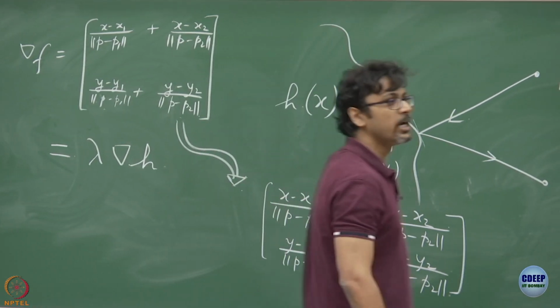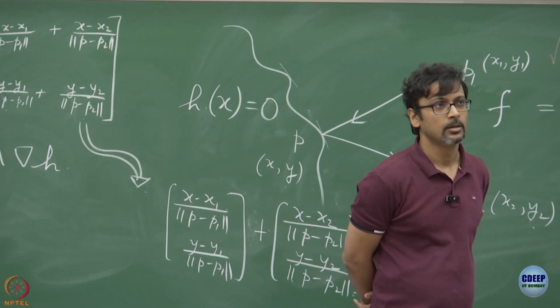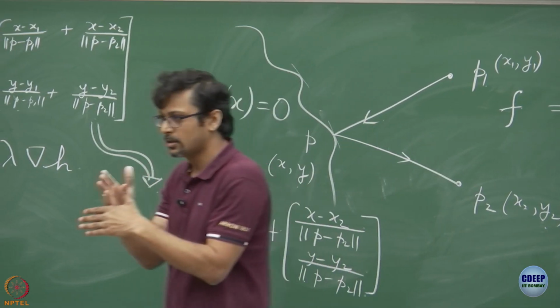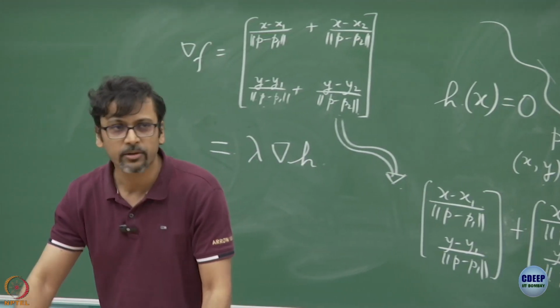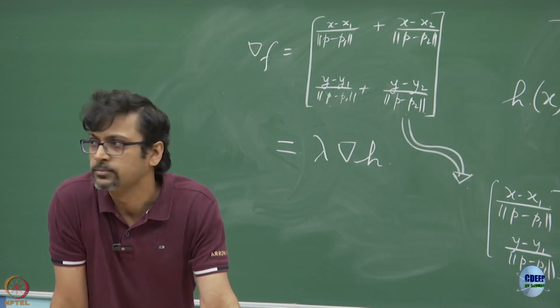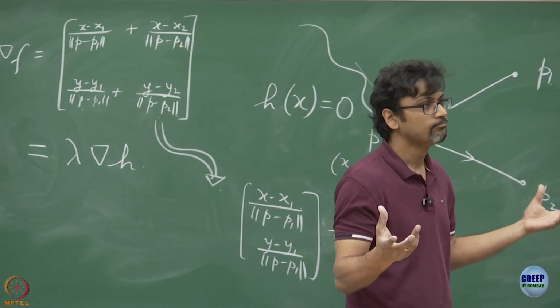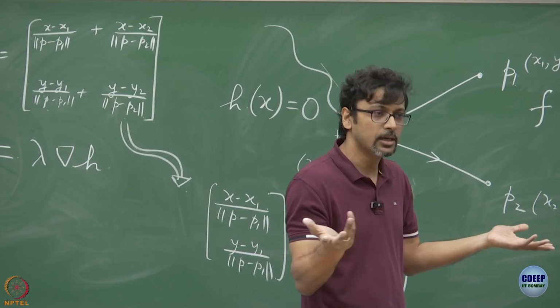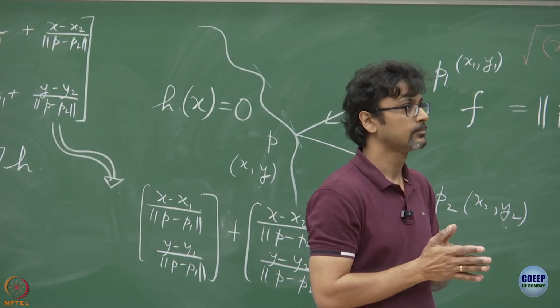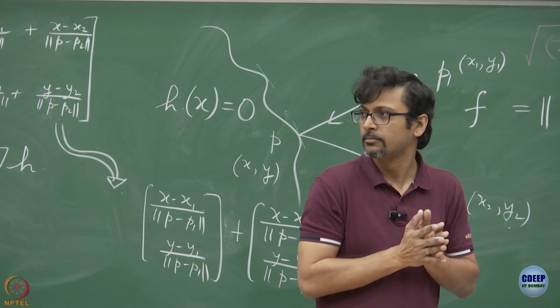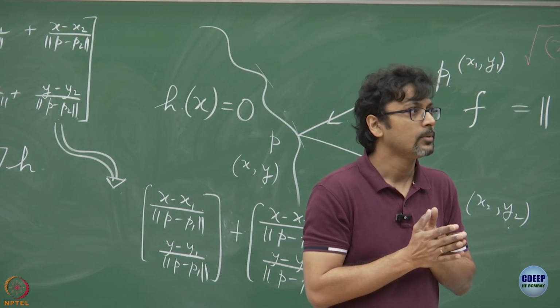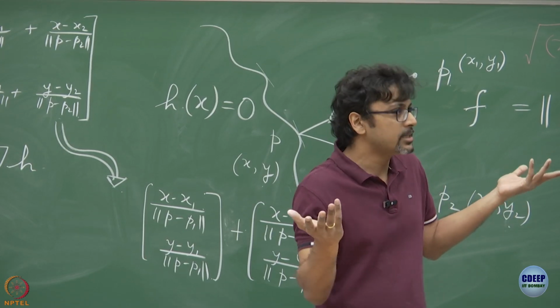Now these are two unit vectors. So if you take two unit vectors, what can you say about their resultant? If you take two unit vectors or two vectors of equal magnitude, what about the direction of the resultant? It must be the angular bisector, right?